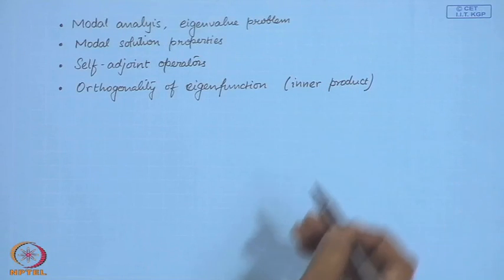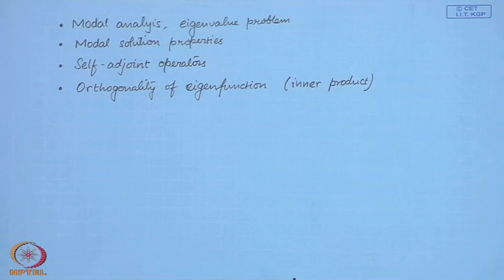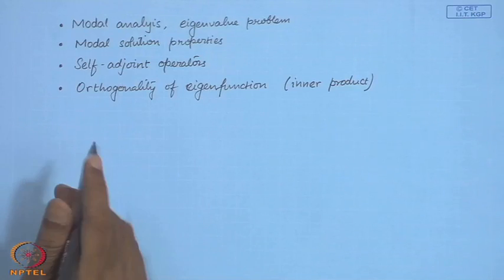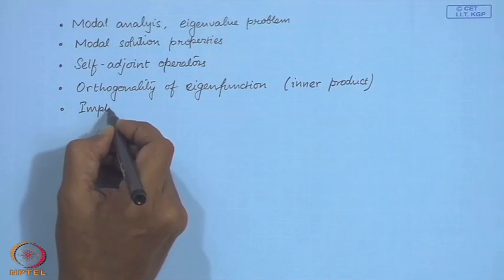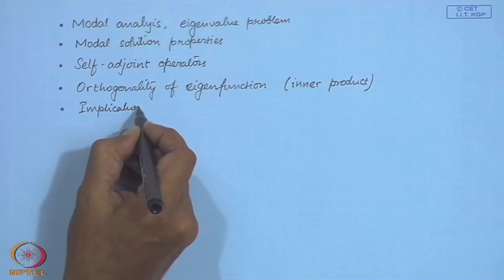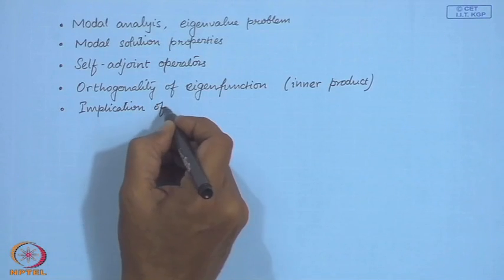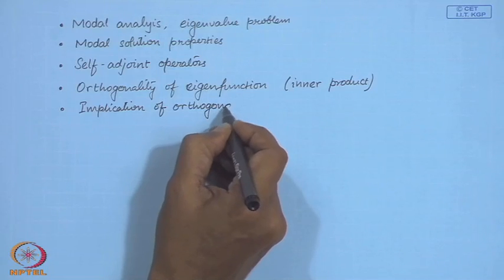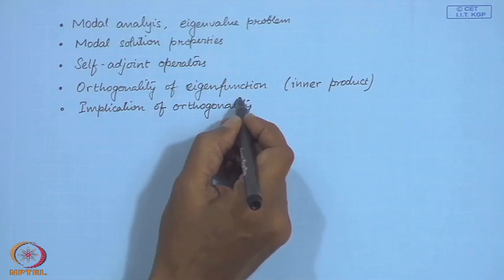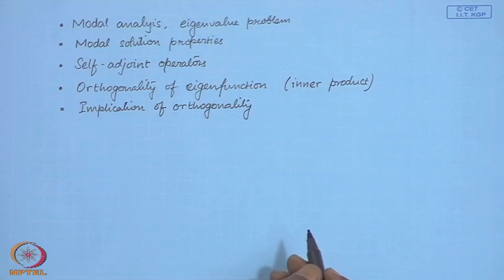We have outlined steps to determine the inner product with respect to which this orthogonality property holds, and we have looked at the implications of the orthogonality property of eigenfunctions.